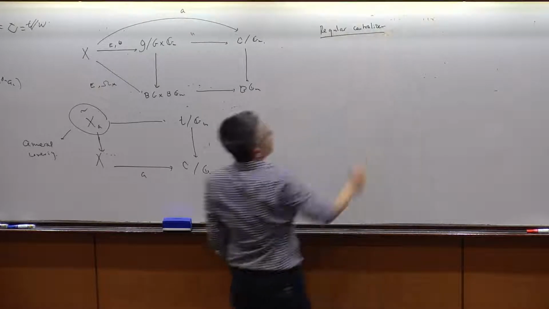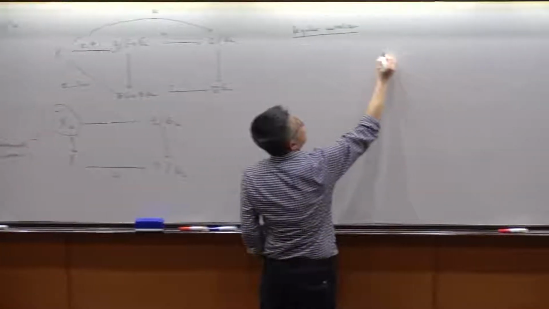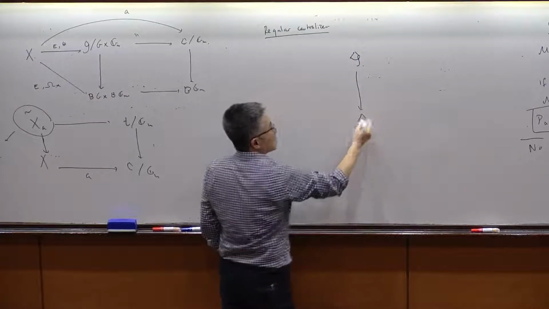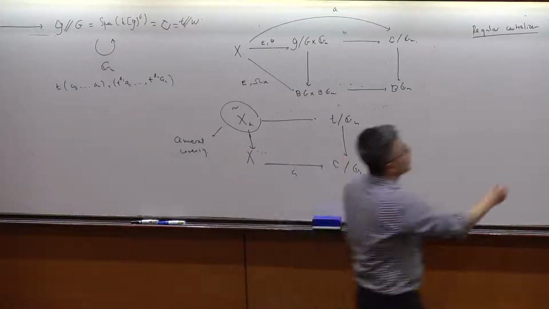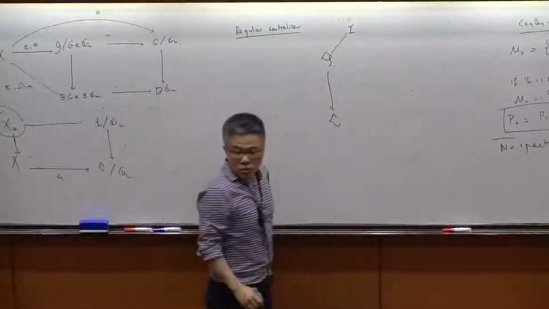So this is also a very elementary construction. So you have g, the Lie algebra g. This is mapped to C, the space of characteristic polynomials, t mod W. And over g, we have I, which is the centralizers, right?